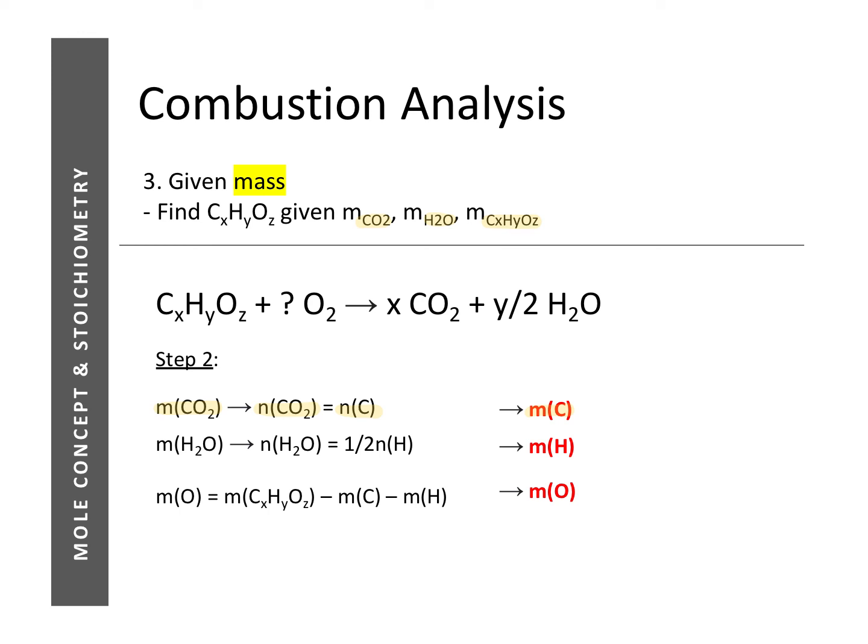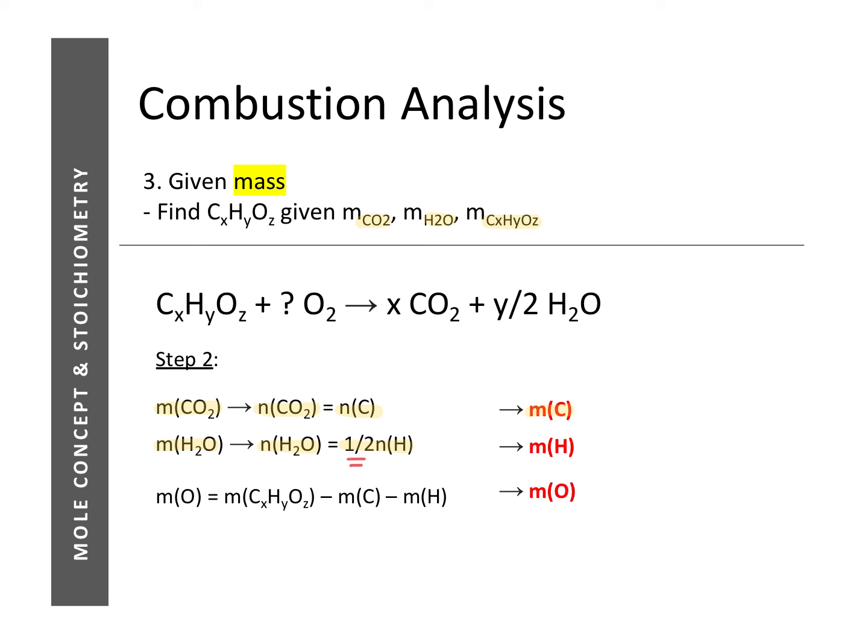And from the number of moles of carbon, we can find the mass of carbon that was present in the organic compound. Next, from the mass of water, we can find the mass of hydrogen in the organic compound, because all the hydrogen in the organic compound would be converted to water. So from the mass of water, we find the number of moles of water, and from that we find the number of moles of hydrogen. Take note that there's a half over here.